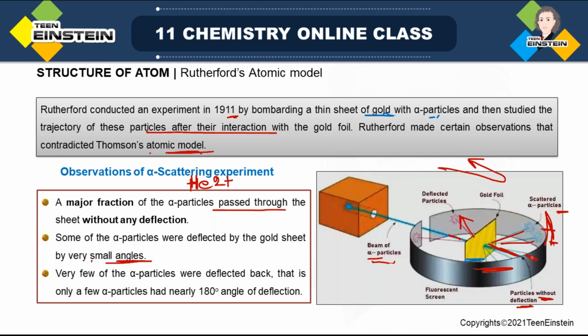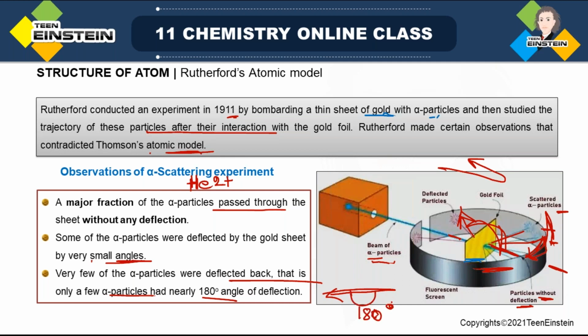Consider this point with respect to this angle, which is not very high. But with respect to this point, if you consider this deflected particle, the angle is very, very high. So very few alpha particles are deflected back, only a few, as if at a 180-degree angle of deflection. It is just going and coming back. So that is 180-degree deflection. This angle is very high.